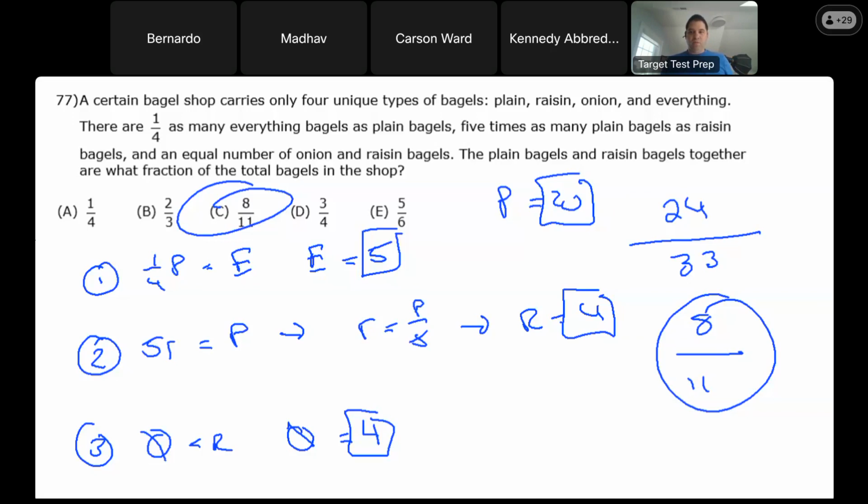Any random questions before we hop off? You can determine it because if the answer choice is in fraction form, ratio form, or percentage form, you can use smart numbers. That's how it works. Yes, this is a medium question for sure. Any other questions?